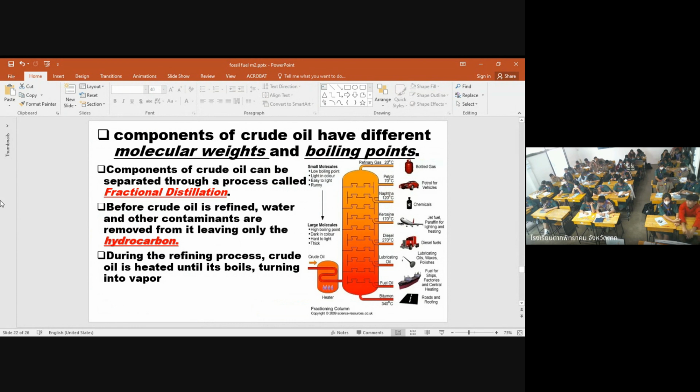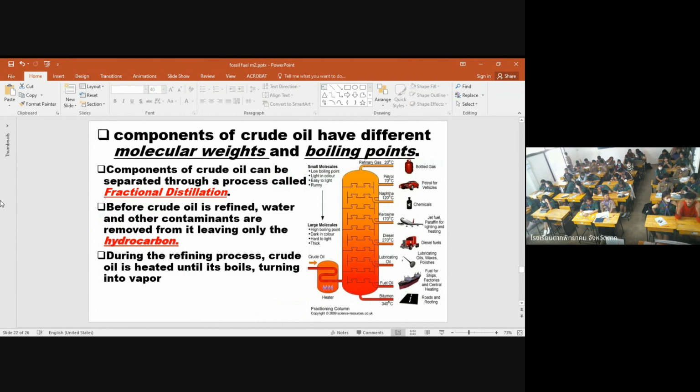Before the crude oil is refined, water and other contaminants are removed, leaving only the hydrocarbons. During the refining process, crude oil is heated until it boils and turns into vapor.